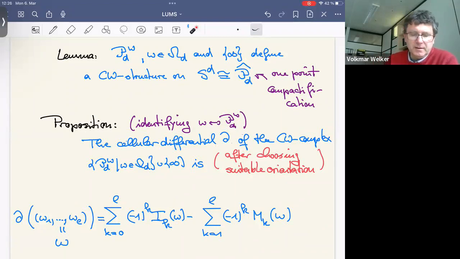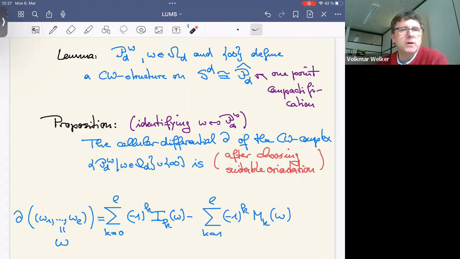So then the claim is this: P_D omega, for omega in the set of root multiplicities, and the point at infinity, an additional point, define a structure of a CW complex on the one-point compactification of the space of polynomials of degree D. Now, the space of polynomials of degree D is R^D, the way we have topologized it.